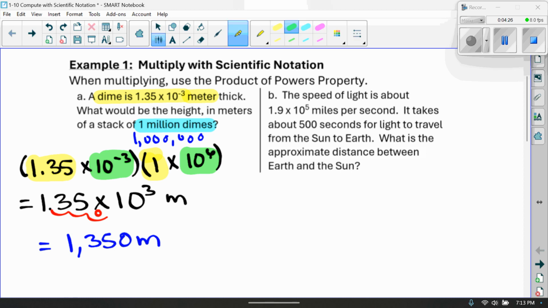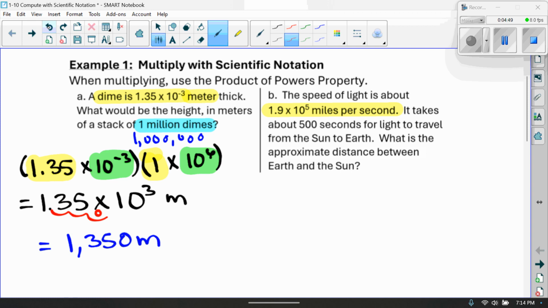So this is the speed of light. The speed of light is 1.9 times 10 to the 5th power miles per second. Now this is what's different about example B and example A: this one has miles per second, which means that this is going to be a fraction.